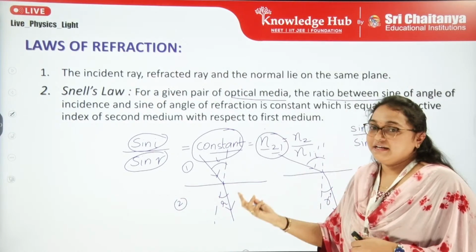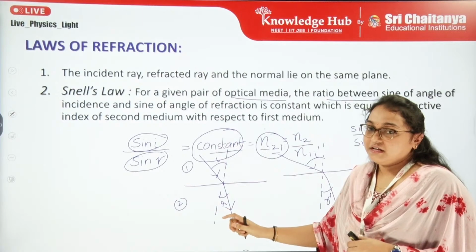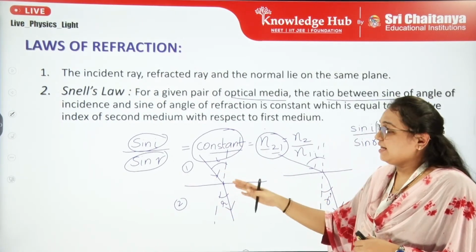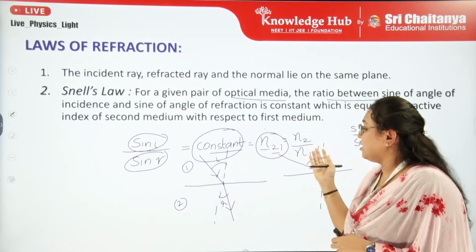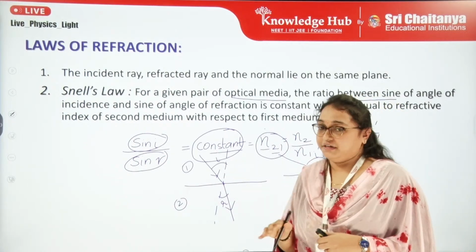So you can't change the media now because we are talking about one particular pair of media. So this is valid for a given pair of media. Because I am changing angle of incidence, you can't change the media because we are talking about one specific pair of media.